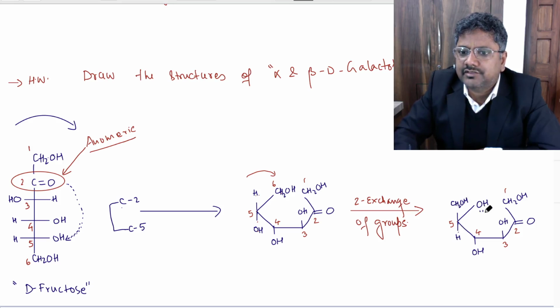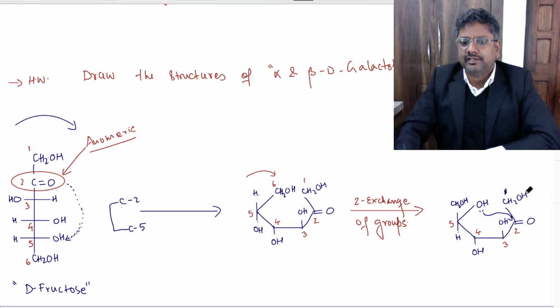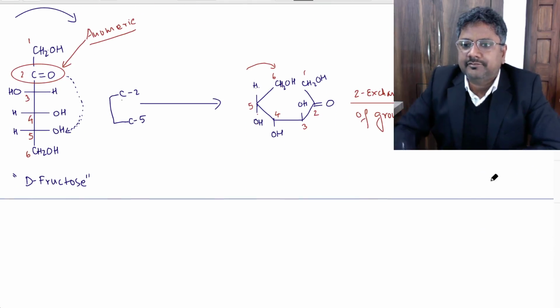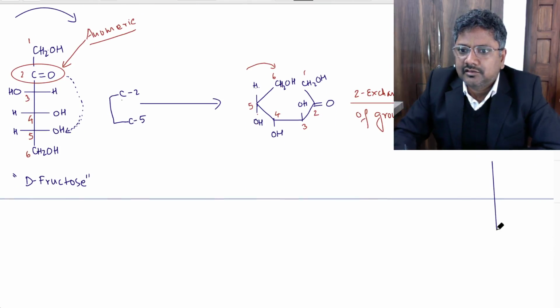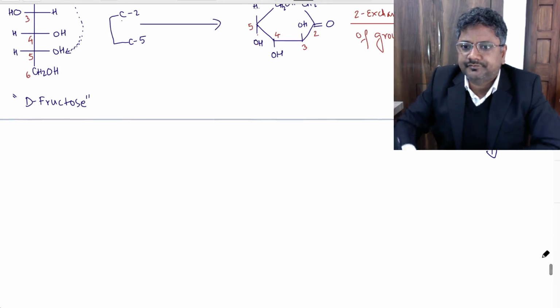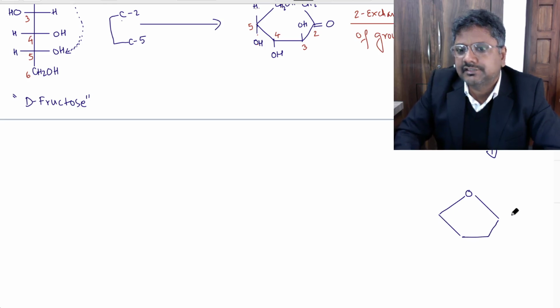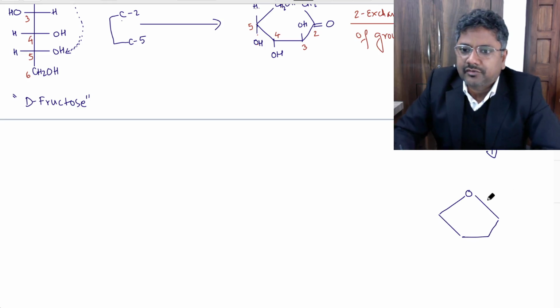Now this OH will attack here. So similarly, now this bulkier group is here, CH2OH. So CH2OH has 2 orientations, and we get a 5-membered ring. This is the 5-membered ring, the furan ring.